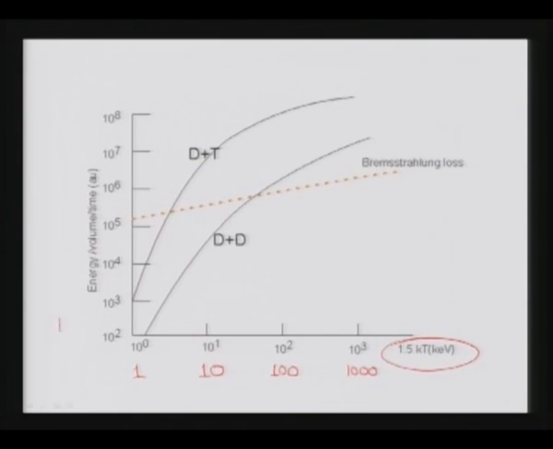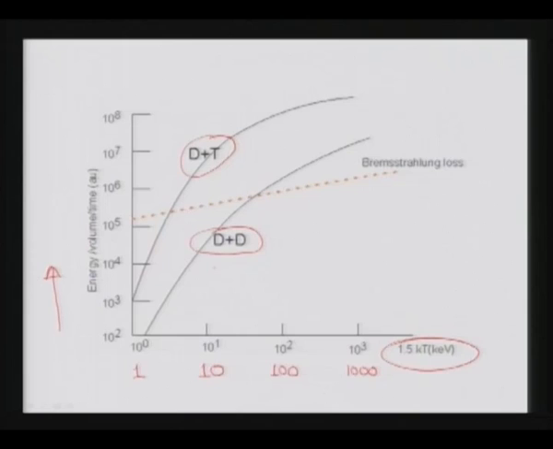On this side we have two quantities plotted. One is the rate at which energy is being produced in fusion, and that for D plus T is this black curve here, and for D plus D it is this black curve here. So, at around 10 kV energies, for a given concentration, D plus T is larger than D plus D, that is one thing.